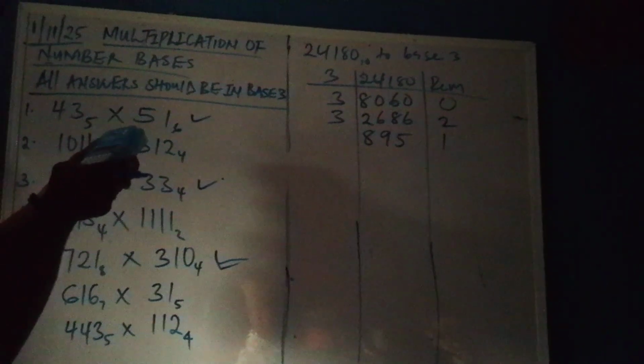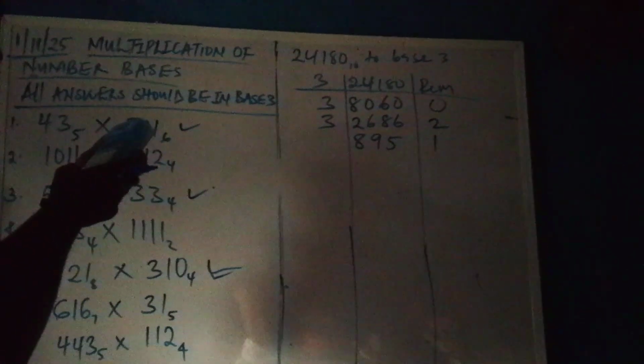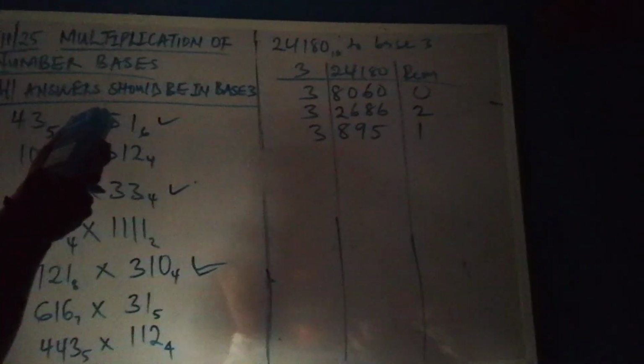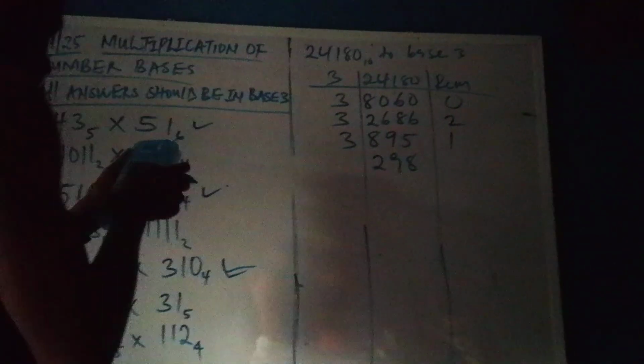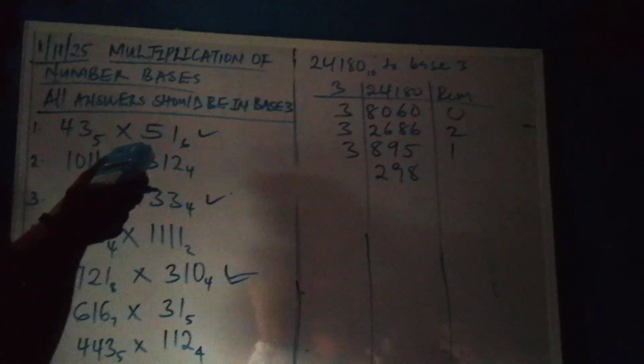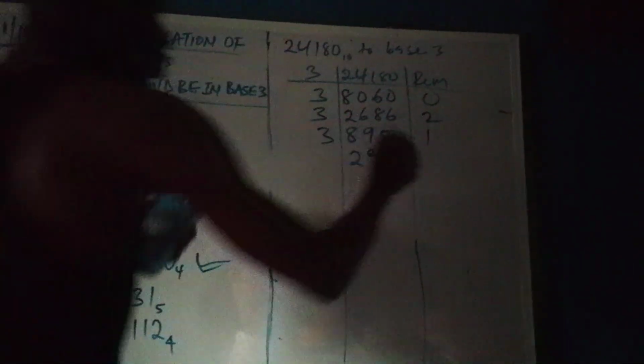So 895 divided by 3 again is going to give 298 remainder 1.